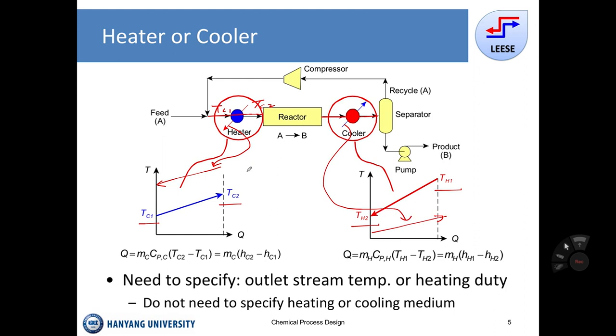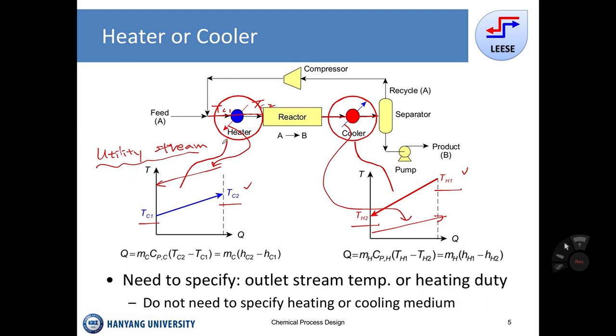We just express in terms of the process stream. That one and that one is the process stream. This one is supplied by steam or cooling water. That is called the utility stream. This is a process stream. This arrow is the utility stream.